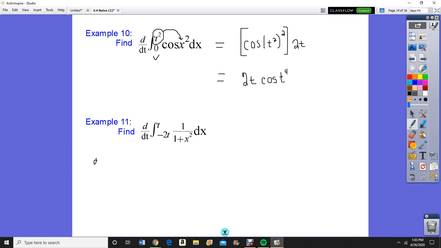So we are going to take the derivative of the following, and that is we're going to keep our lower bound at -2t. And if you think about this problem, it really doesn't matter whether it's negative and positive or vice versa, but we're going to look at this -2t moving to a positive t.